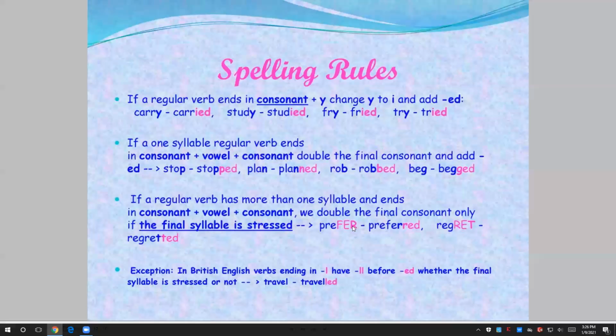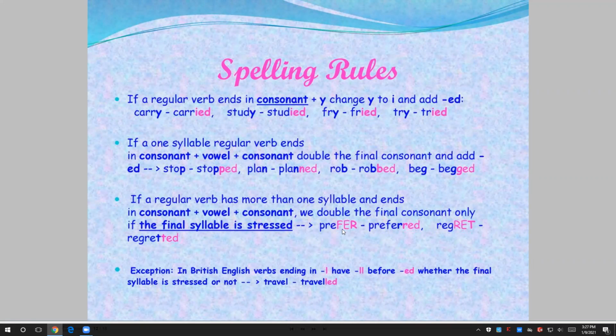The example could be listen, L-I-S-T-E-N. It is consonant plus vowel sound plus consonant sound, but unlike prefer, where the stress is on the second syllable, in listen the stress is on the first syllable.